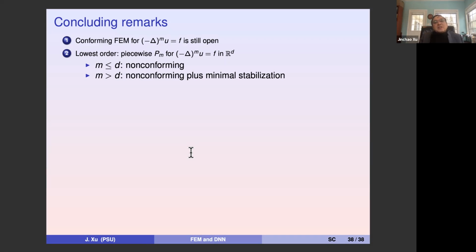But m greater than d is not possible to do that. We have what I call minimal stabilization. I believe it is minimal, but can I prove it's minimal? It's used in DG, this interior penalty type of method in the old days, but these days in DG it is common practice.